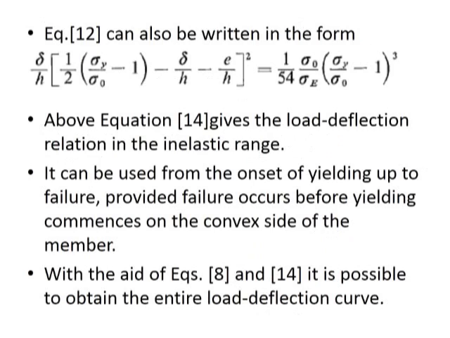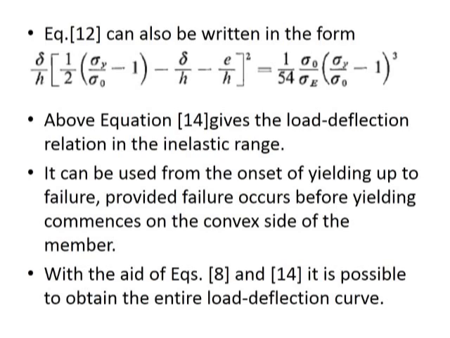Equation 12 can also be written as delta divided by h into half into (sigma Y divided by sigma naught minus 1) minus (delta by h plus e by h) whole square, which is equal to 1 by 3 into sigma naught divided by sigma E, multiplied by (sigma Y divided by sigma naught minus 1) to the power cube.